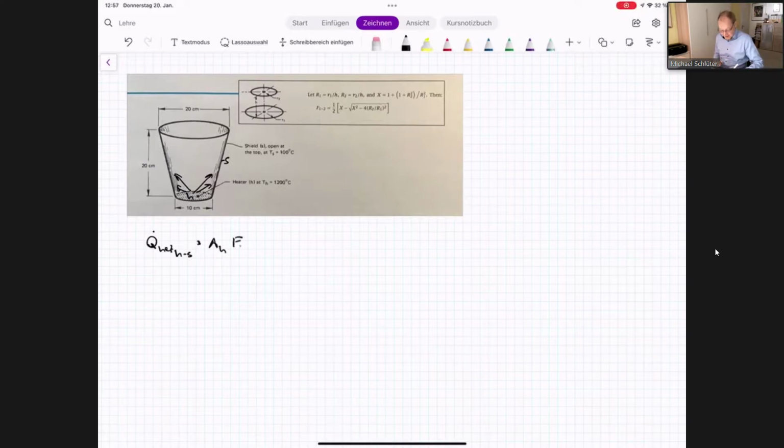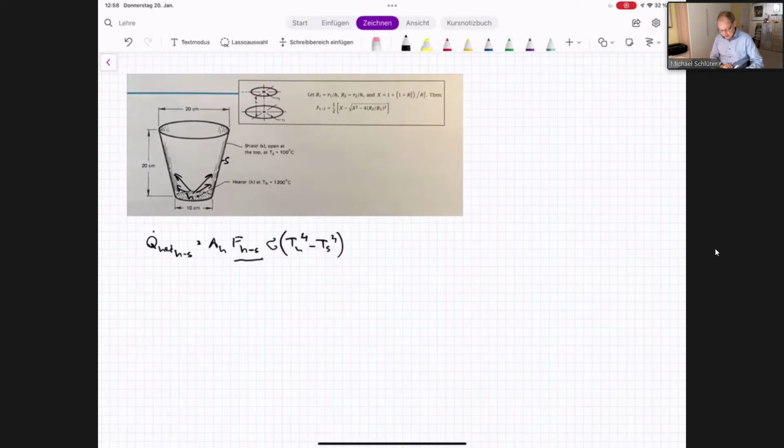We need the view factor F H minus S, and we need the Stefan-Boltzmann constant, and we need the temperatures T_H to the power of 4 minus T_S to the power of 4, the temperature of the heater minus the temperature of the shield, each to the power of 4. This is what we need to calculate the net heat flux.